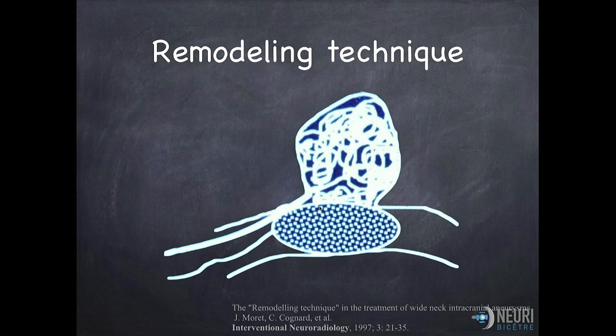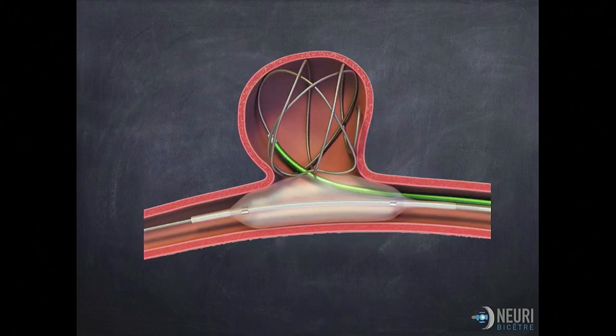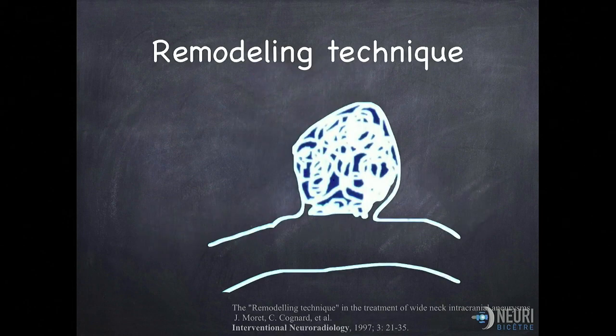So you had to inflate the balloon during the placement of the coils, and when you were deflating the balloon, the coils were remaining inside the sac of the aneurysm.